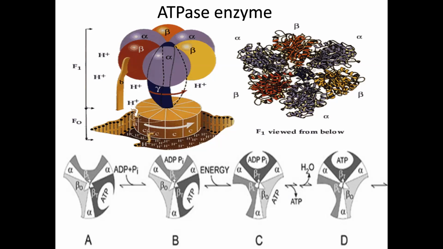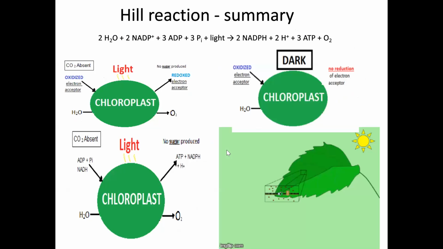At stage 4, there is a removal of water molecules that triggers the formation of ATP at the beta T subunit, and the cycle continues as seen in stage A. We can see the formation of ATP at the beta T subunit, and the cycle continues as triggered by the twisting motion of the gamma subunit as a result of the movement of protons across the enzyme, creating the proton motive force. Now we have come to the end of the Hill reaction.